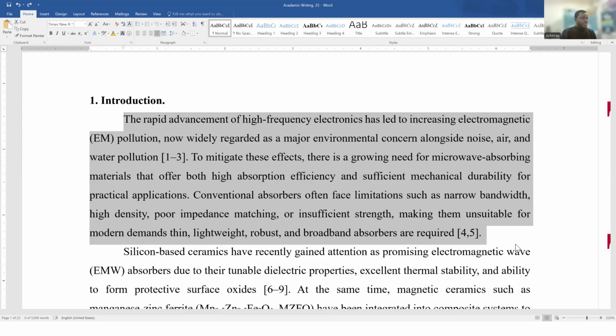Conventional absorbers often face limitations such as narrow bandwidth, high density, poor impedance matching, or insufficient strength, making them unsuitable for modern demands. Thin, lightweight, robust, and broadband absorbers are required.